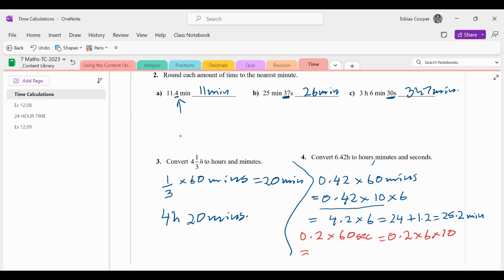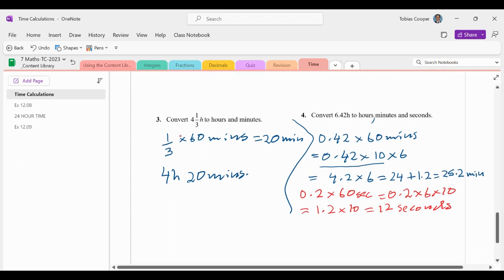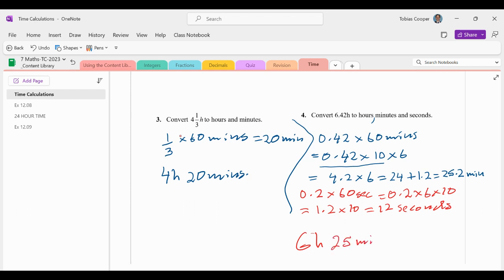Now, 0.2 times 6 is just 1.2, and then we've got the 10 there, and that'll be 12 seconds. So, the final answer is 6 hours, 25 minutes, and 12 seconds. Okay, there we go.